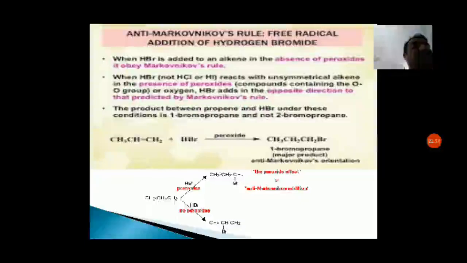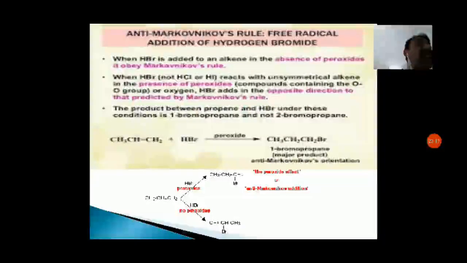So this occurs in the presence of peroxide, and since 1-bromopropane is the major product, we call this reaction anti-Markovnikov's rule, or addition of hydrogen halide in the presence of peroxide. It is called the peroxide effect or anti-Markovnikov's rule.